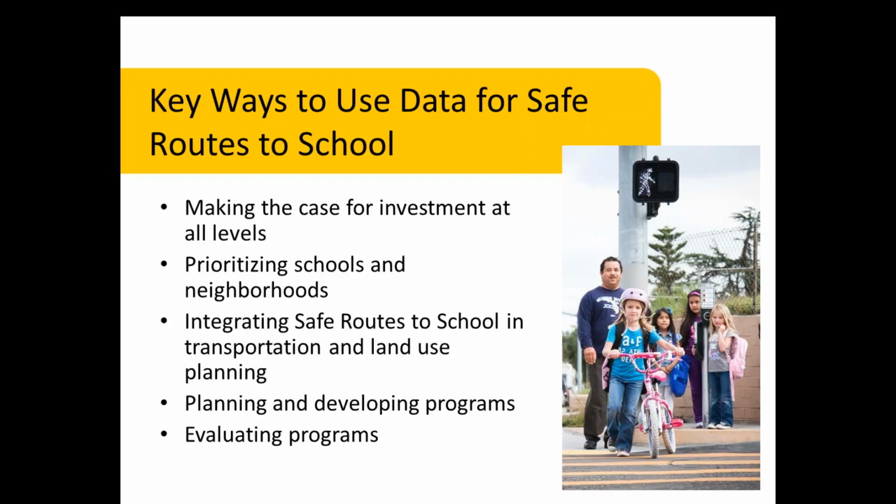It's also important in showing funders the possibilities that are out there and providing them with the numbers and statistics showing how likely we are to achieve these goals through Safe Routes to School. And at the state and federal levels, data plays a big role in making the case for keeping funding going, to show the results that Safe Routes to School has had and also where the needs are still out there.